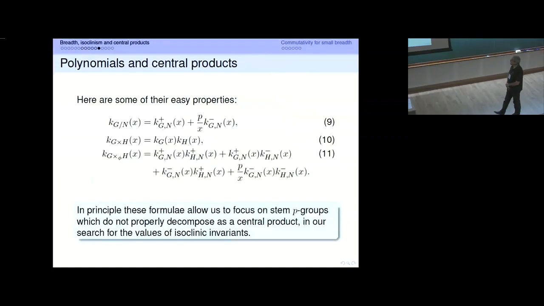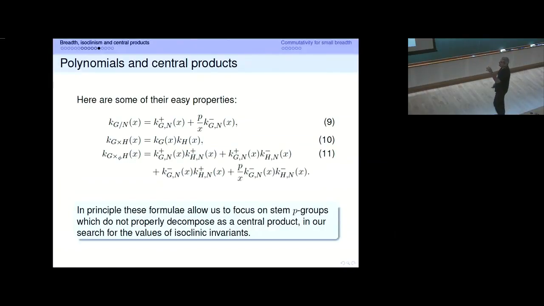Now, the idea is that I can use these polynomials to compute. They have some nice features. If you want the class-counting polynomial of the factor group G mod N, you just have to add the invariant class-counting polynomial of G and P over X times the collapsing class-counting polynomial.